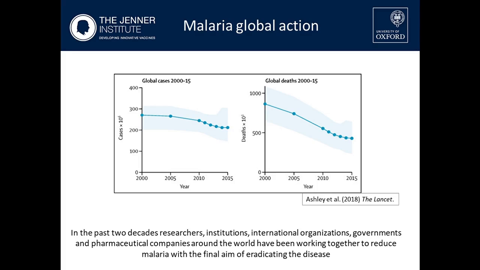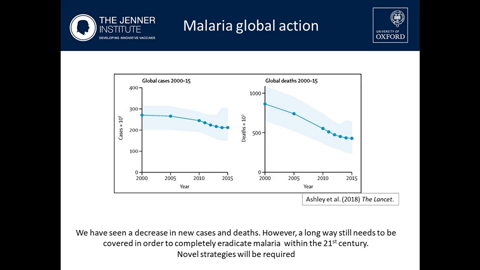Despite all of this, international researchers, institutions, organizations, governments, and pharmaceutical companies are working hard to tackle this disease and eradicate malaria. In the graphs I show you here, from 2000 until 2015, both cases, as shown on the left, are decreasing over time, as well as deaths.